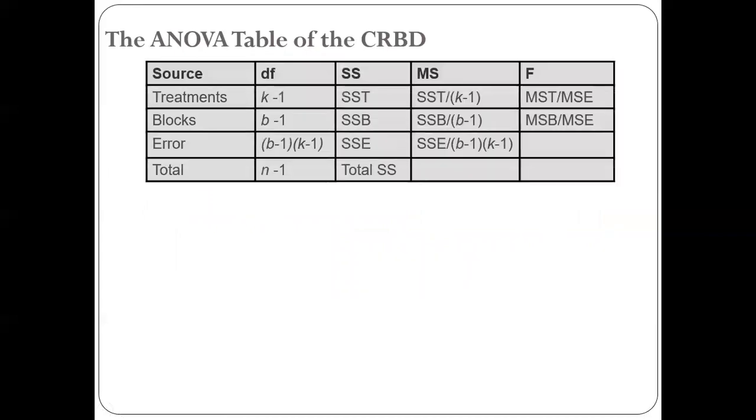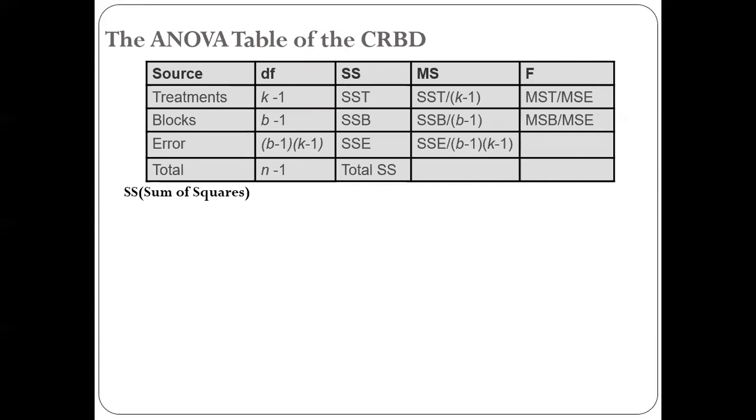In one-way ANOVA that uses the completely randomized design or CRD, it is a strong recommendation for us to make a table. The same goes for two-way ANOVA using the CRBD design.